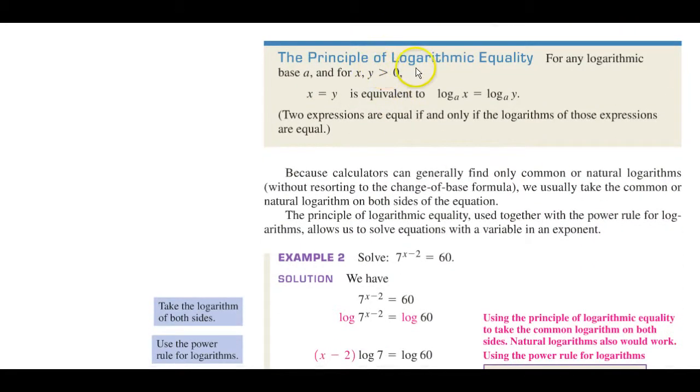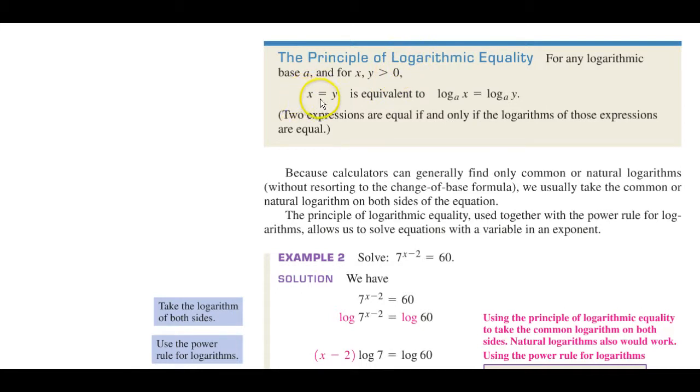The principle of logarithmic equality: for any logarithmic base a for which x and y are greater than 0. And the key here, it cannot be a negative number. So it has to be 0 or above.